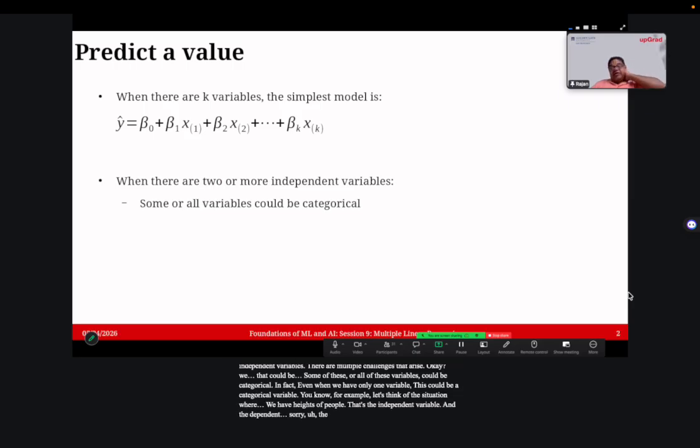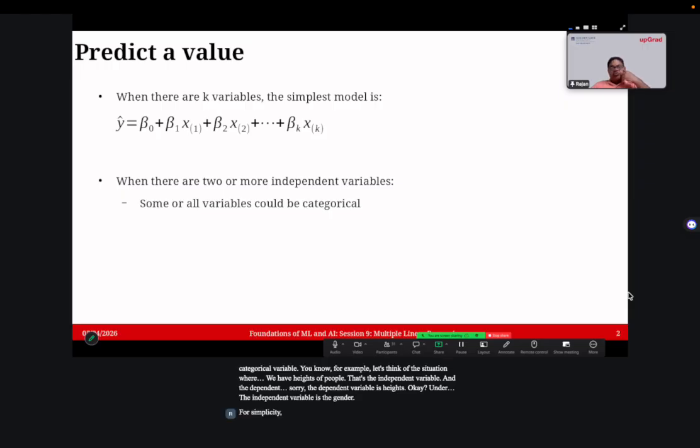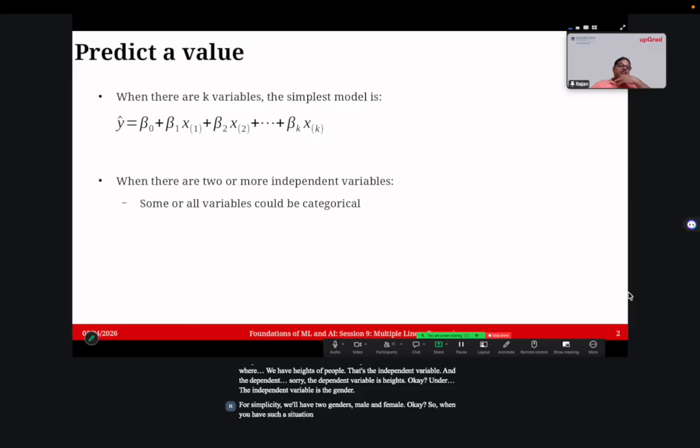The dependent variable is height, and the independent variable is the gender. For simplicity, we'll have two genders, male and female. So when we have such a situation, the x variable is gender. So it's a categorical variable. It can have only two values, male or female.